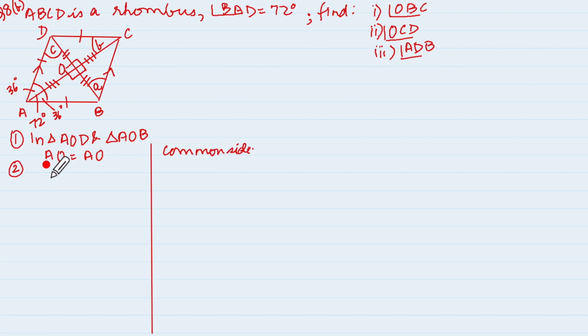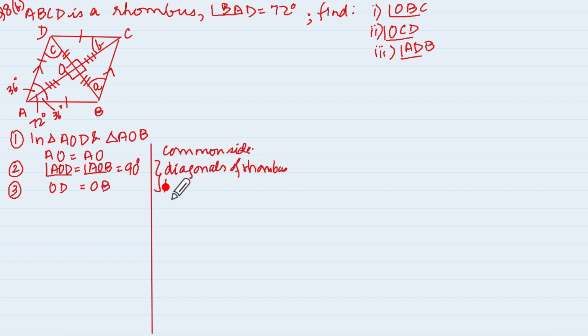Statement number 2, angle AOD equal to angle AOB equal to 90 degrees. And also third one, we will say OD is equal to OB, and for this we'll say that diagonals of rhombus bisect each other at 90 degrees.